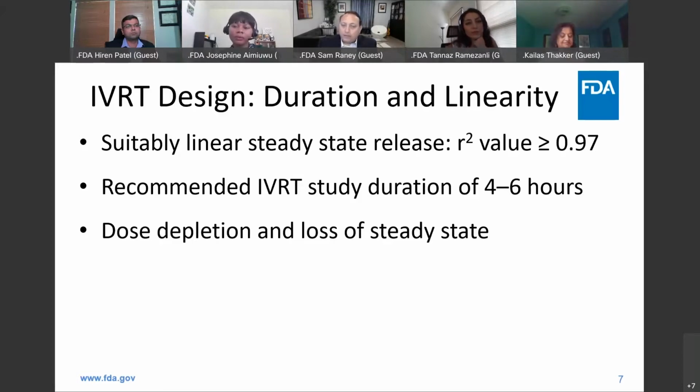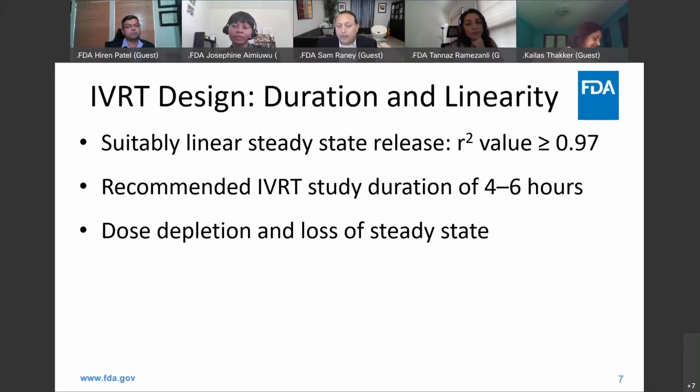It might help me interpret some problematic things that I'm seeing in the way the method was developed, or more importantly, in the way it was validated. I can then think, I see what's happening here, the dose depletion is pretty high, so we may no longer be at steady state kinetics.